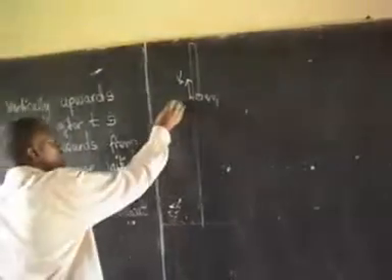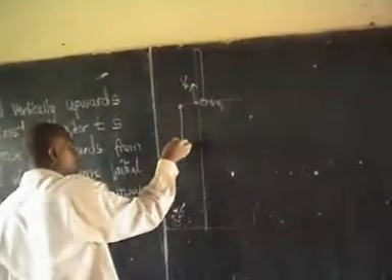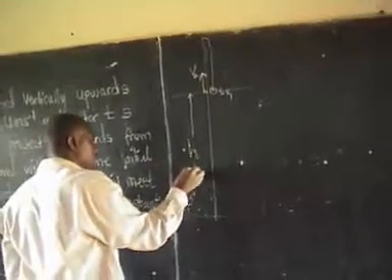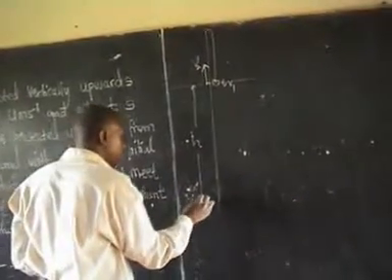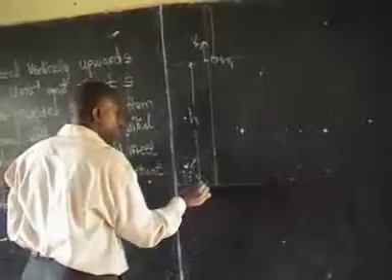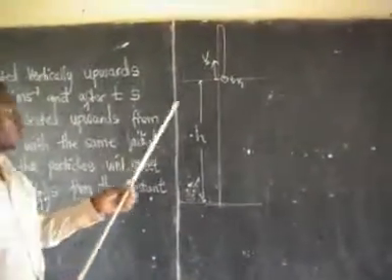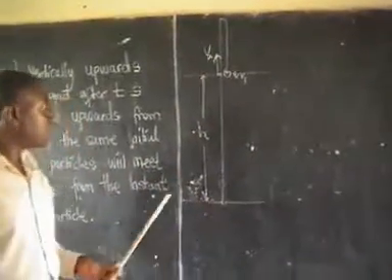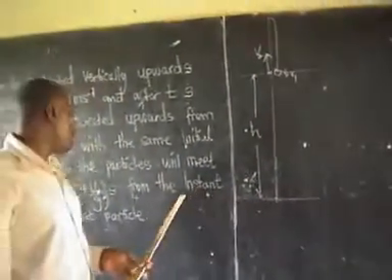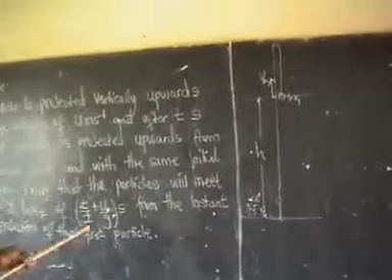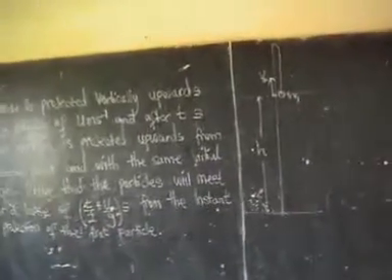Another condition is that they will be at the same altitude, which is h. So now, using those two conditions, I'm going to rewrite the two equations that will enable us to solve for the required expression.